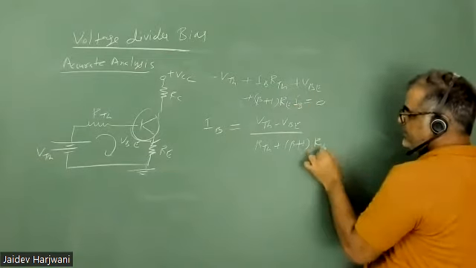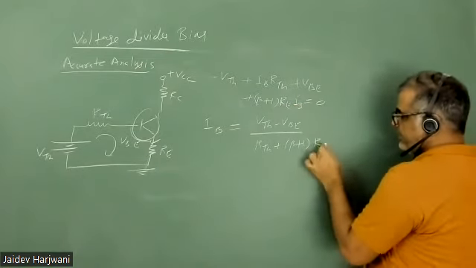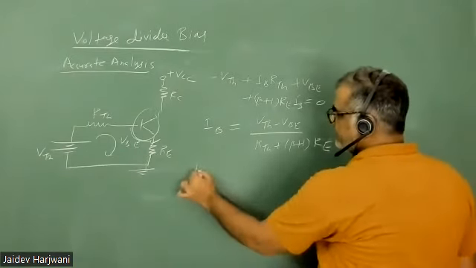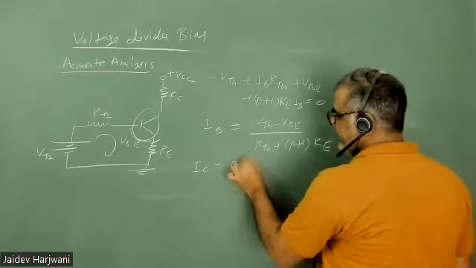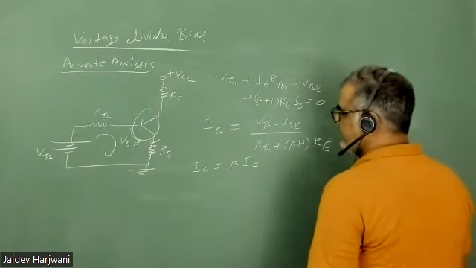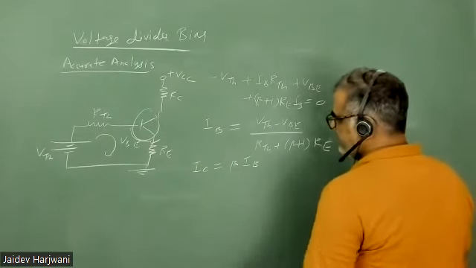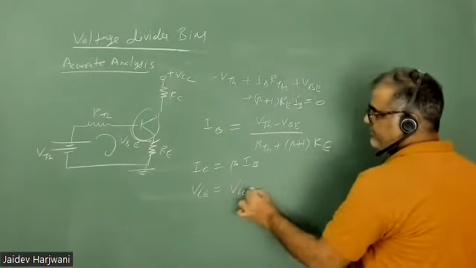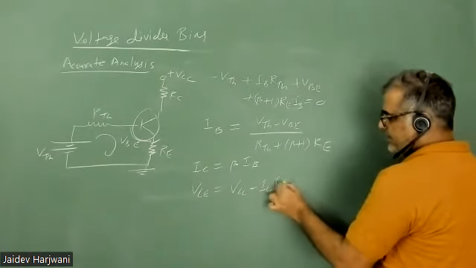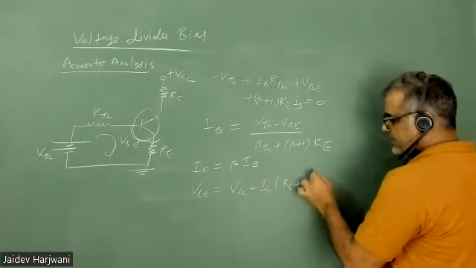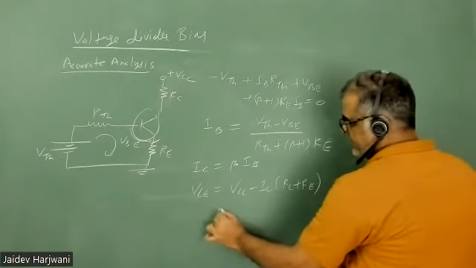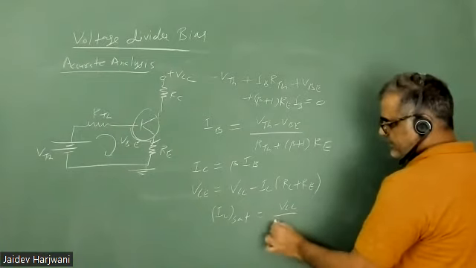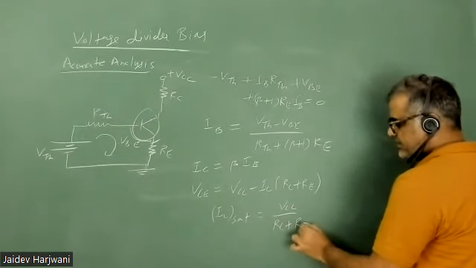So this will be your formula for IB. Then IC will be beta IB, and your VC will be VCC minus IC into RC plus RE. And your IC saturation will be VCC upon RC plus RE.